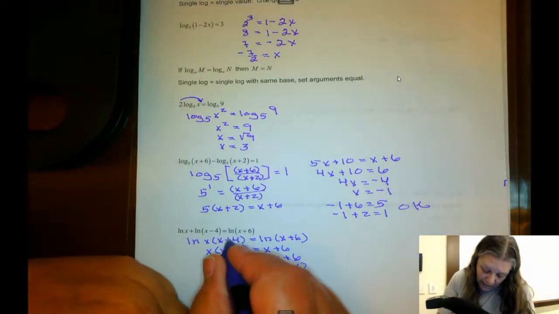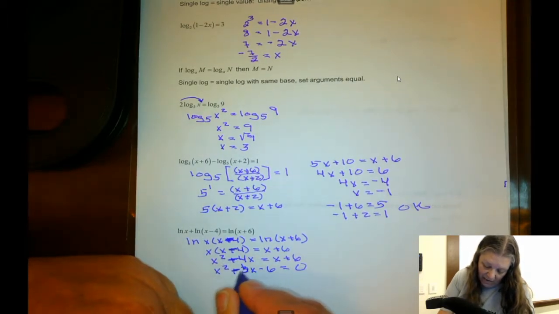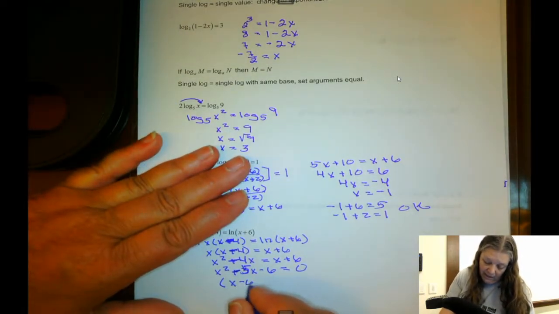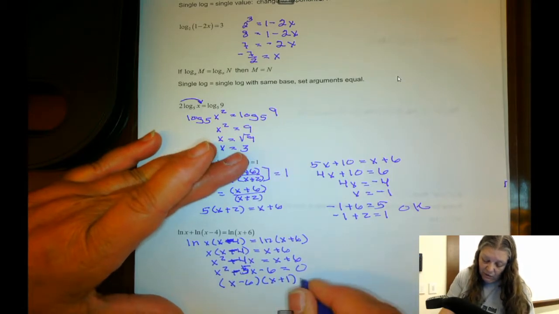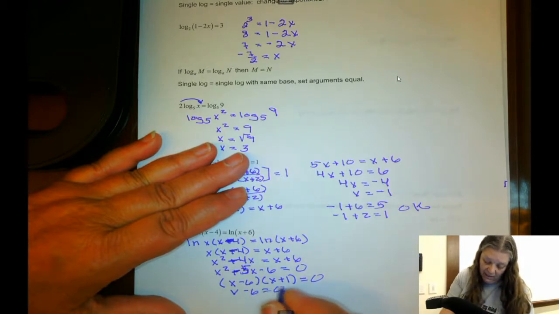Oh, that's x minus 6. So this is minus 5x. So x minus 6, x plus 1 equals 0. X minus 6 is 0.